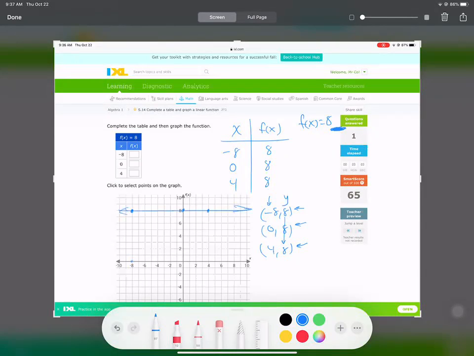Why is it horizontal? Why isn't it x is 8? Because f of x, the y value, is 8. I don't care what x's you plug in, you're still going to be 8. All I care is that y is 8. So this is a horizontal line at 8.